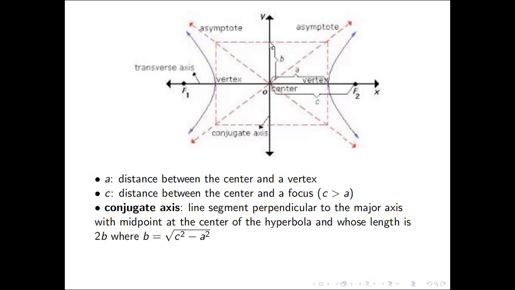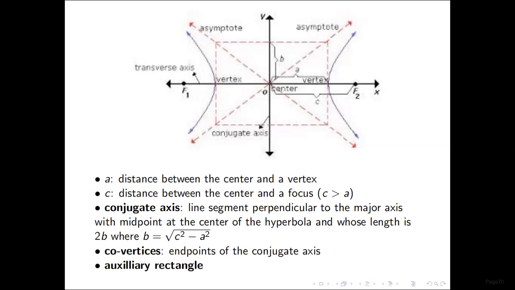Now, the endpoints of the conjugate axis are called the covertices, just like with ellipses. Remember, for ellipses, the vertices are the endpoints of the major axis, while the covertices are the endpoints of the minor axis. Now, for hyperbolas, the vertices are the endpoints of the transverse axis, and the covertices are the endpoints of the conjugate axis.